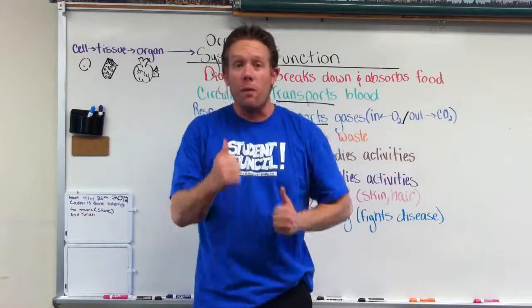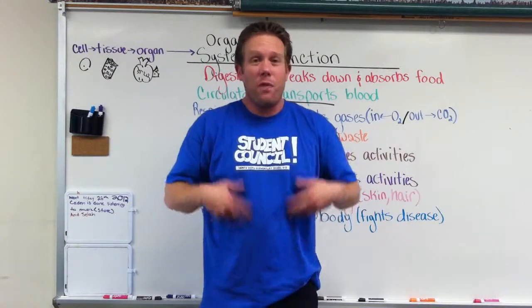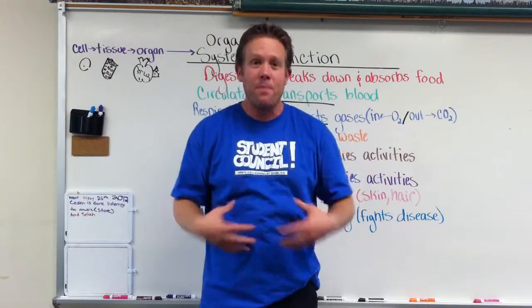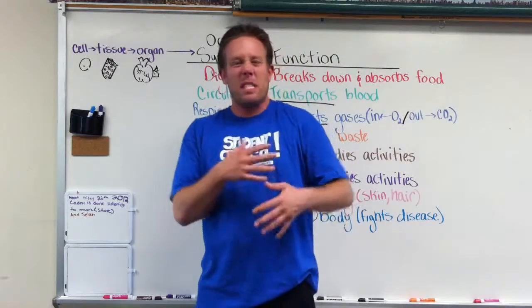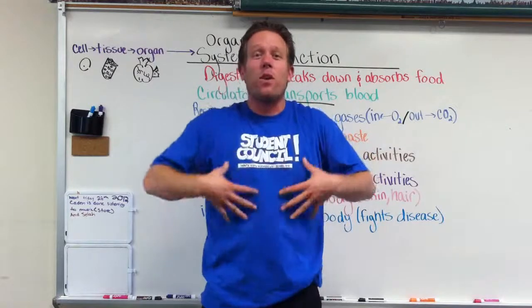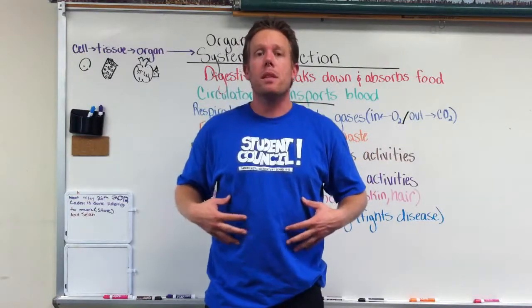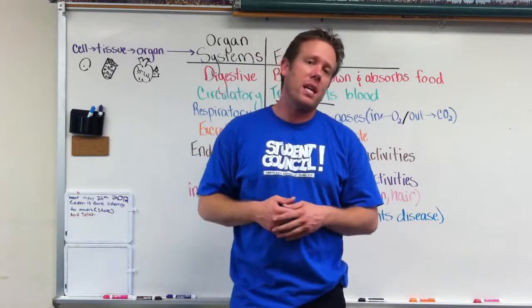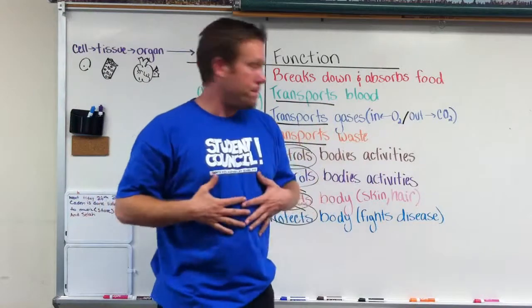When we go outside and we run in the morning and dust and grass is being kicked up, or somebody sneezes and you're like, ew, if we didn't have any skin, all of that stuff would go right to our organs because they would be exposed. So the integumentary system protects us from the outside world.